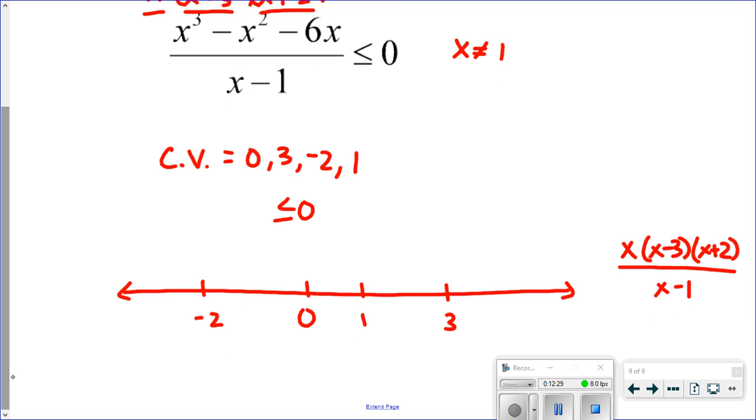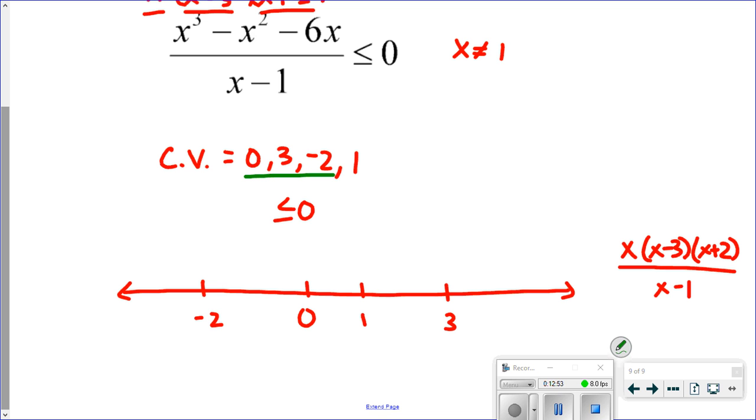The first thing I want to talk about are my actual critical values. What's happening at these critical values? Are these going to be open circles or closed circles? All right, so at negative 2, at my zeros, that's where the function equals 0.